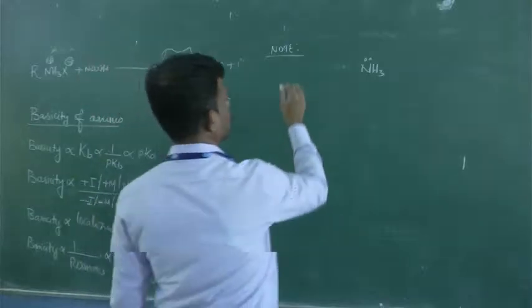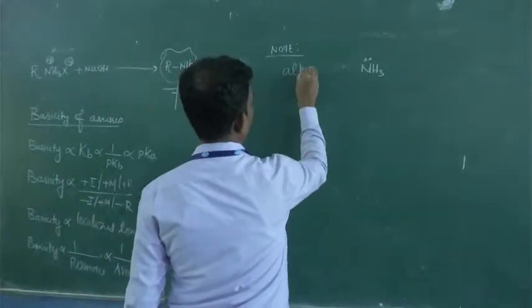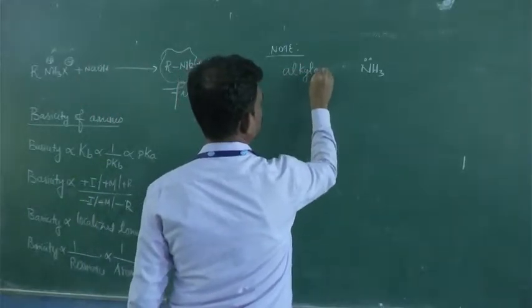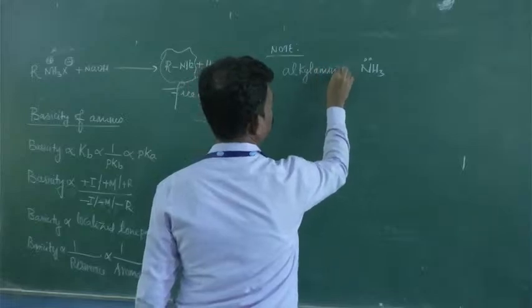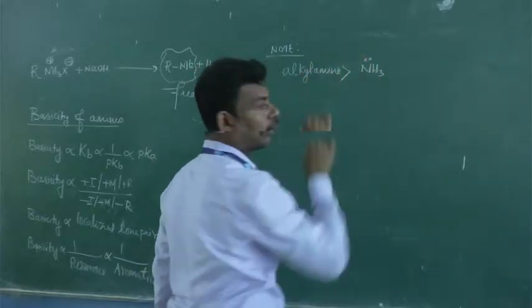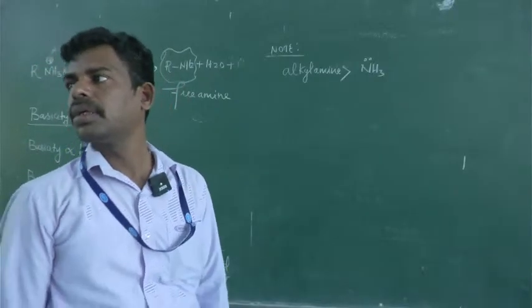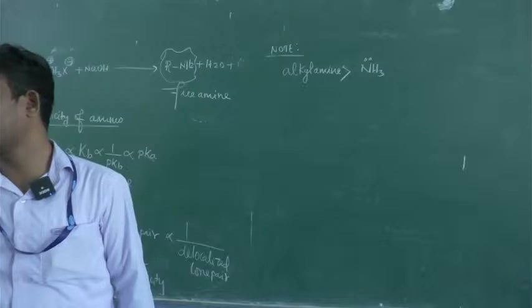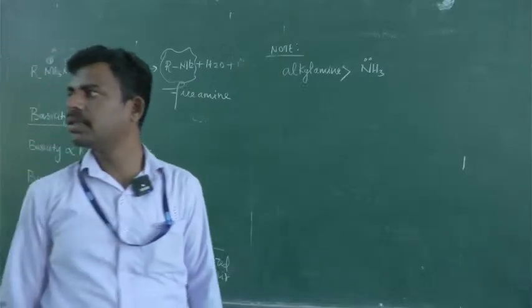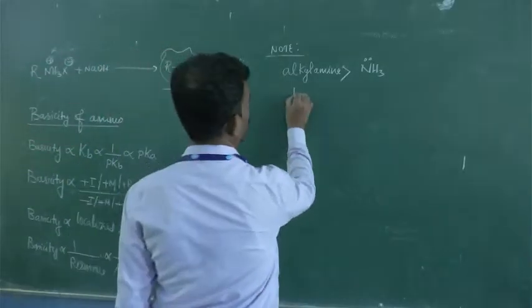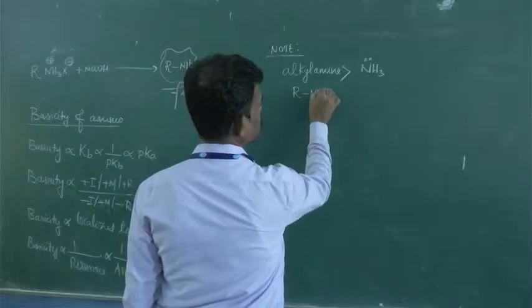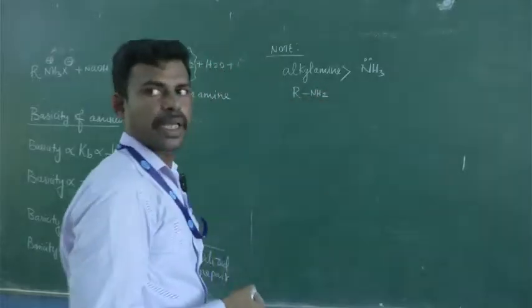Alkyl amines are always going to be a stronger base when compared to ammonia. Okay, alkyl amines na adu primary irkalam, secondary irkalam, tertiary irkalam. Is it clear? Appo R NH2 adu primary irkalam, secondary irkalam, tertiary.